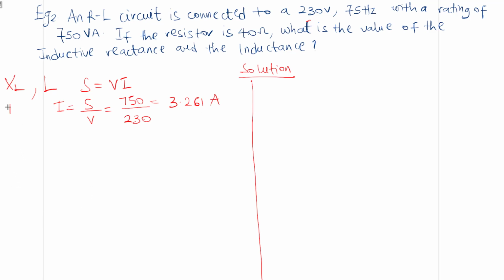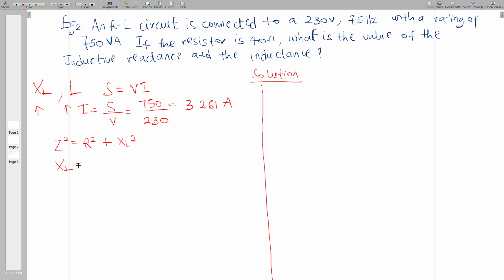But the main focus is to find XL and the value of L, right? But we know that in an RL circuit, Z squared is equal to R squared plus XL squared. So if you want XL, it will be equal to the square root of Z squared minus R squared. We already have the value of R, because R was given in the question, that was 40 ohm.